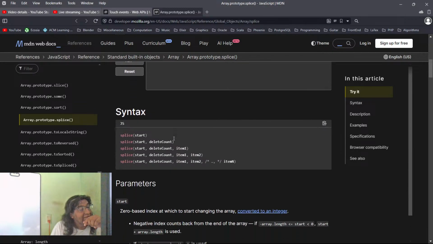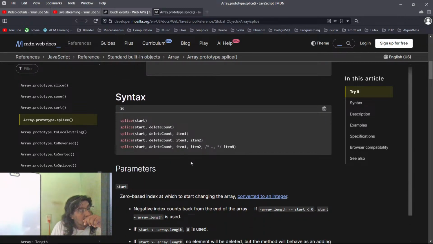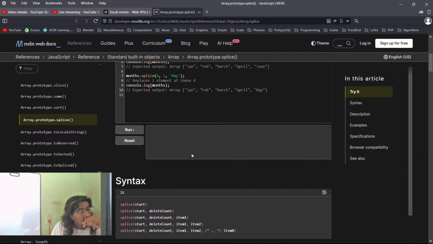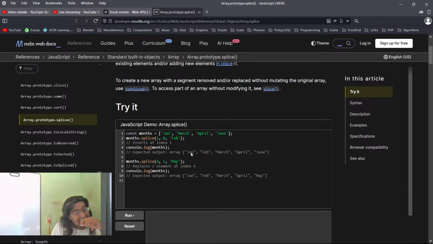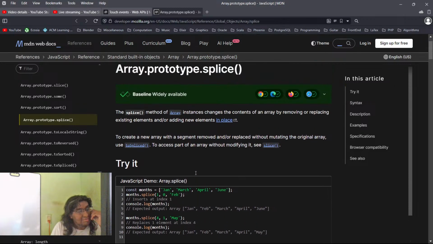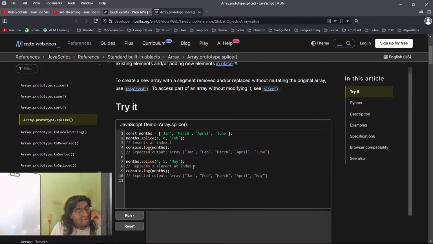You know, sometimes it adds elements and sometimes removes elements. So you will have to study and see when the thing adds elements and when it removes elements.